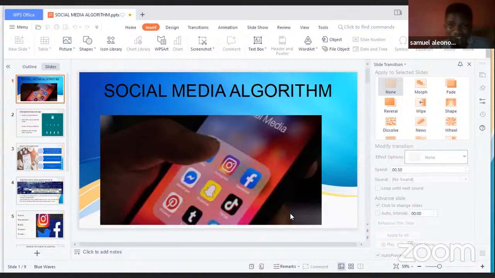Next question will be, how does the social media algorithm work? That would be Olivia. Sorry, Samuel, what's your question? How does the social media algorithm work?